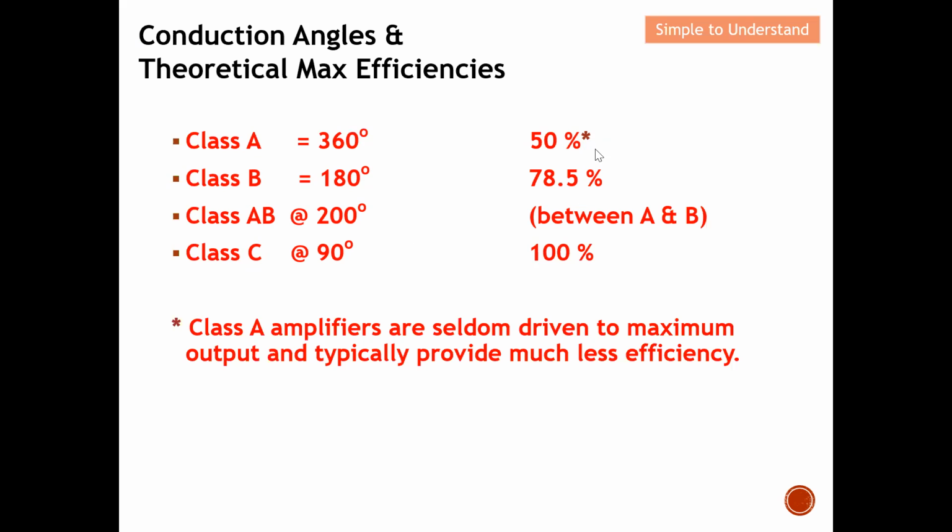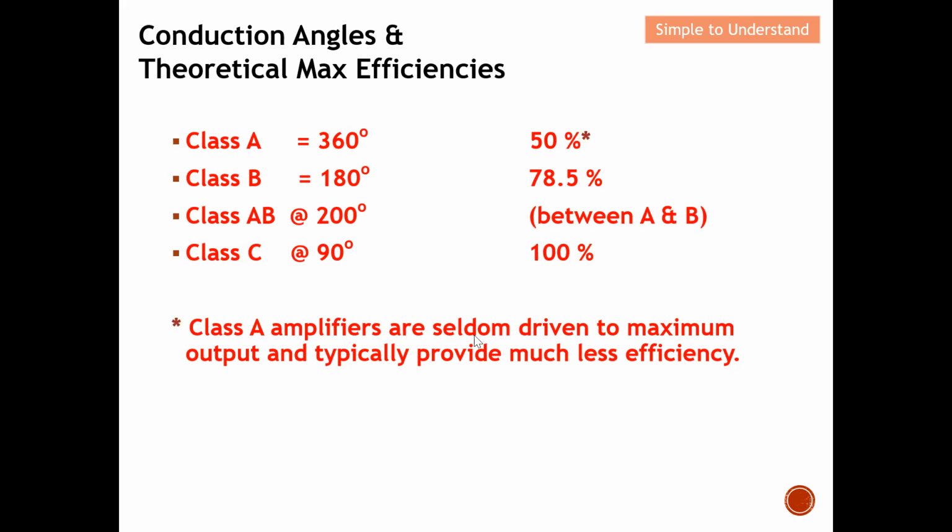Over here will be the linearity. You can see that the efficiency for Class A is about 50%, Class B is 78.5%, and Class AB is in between A and B. Class C is 100%.